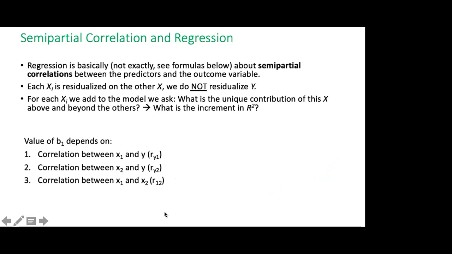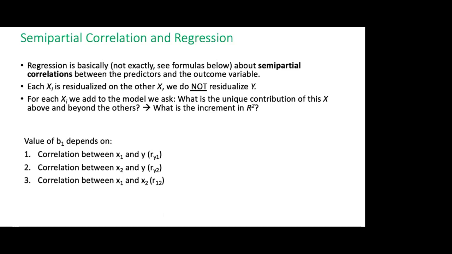In multiple regression, we are controlling for the influence of the other predictors. What the regression weight reflects is the unique contribution of this specific predictor to our outcome variable that cannot be accounted for by the other predictors. But we do not residualize y, the outcome, only the predictors with each other.